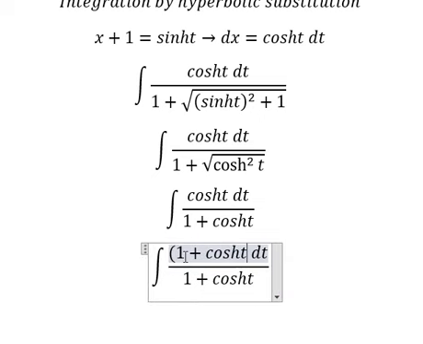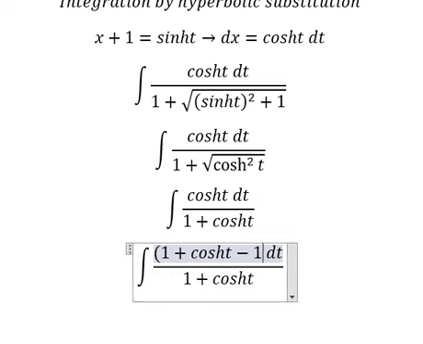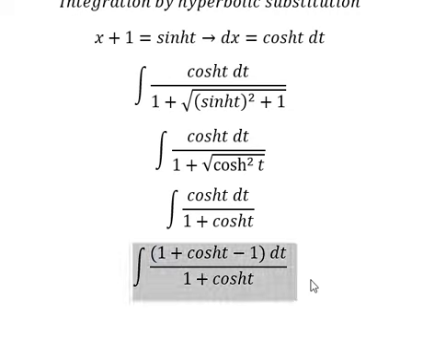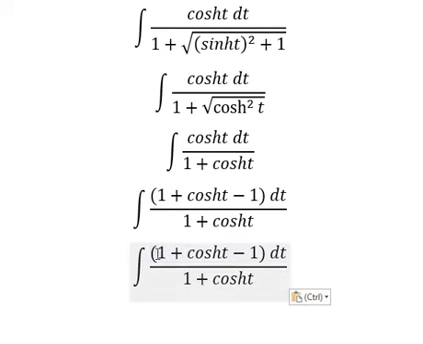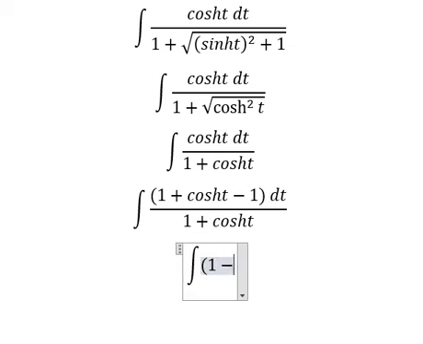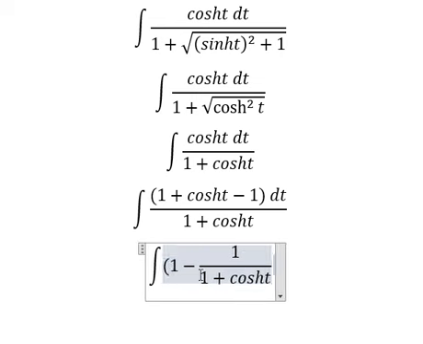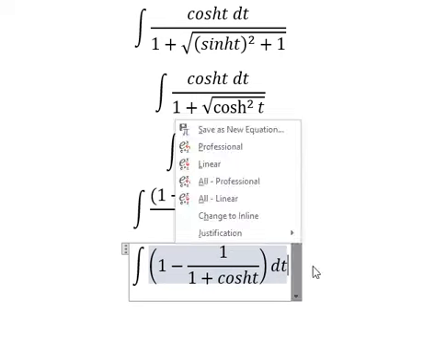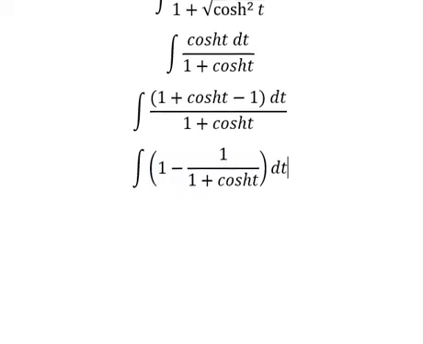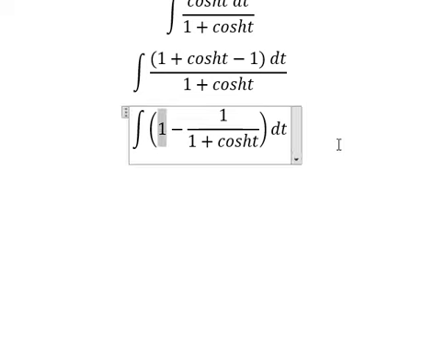Later we need to subtract number 1. So this one divided by this one, we have number 1. So the integration of number 1 is t.